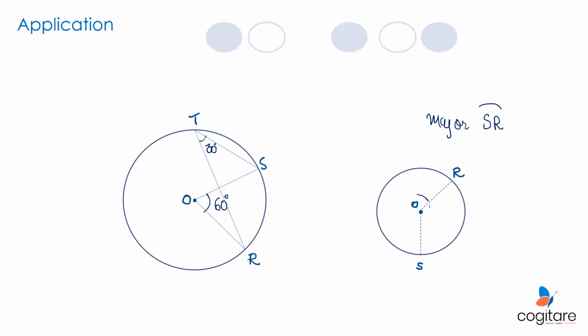And if I told you this angle were 220 degrees, then if I chose a point T that is not on the major arc but elsewhere, what do you think is the measure of angle STR? This is also going to be half of the central angle. So it's clearly 110. Are we all good with this?